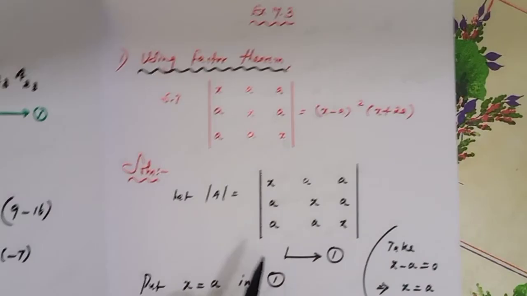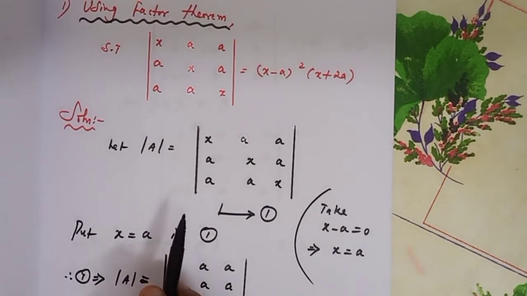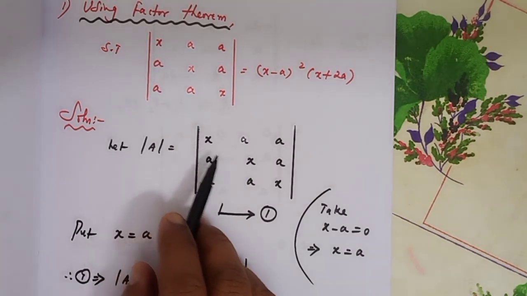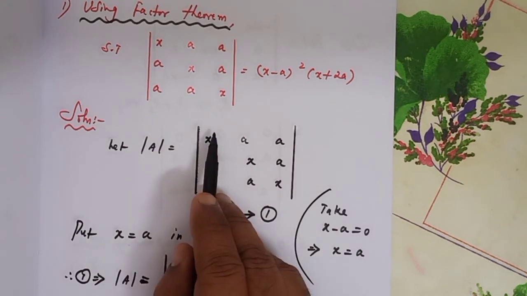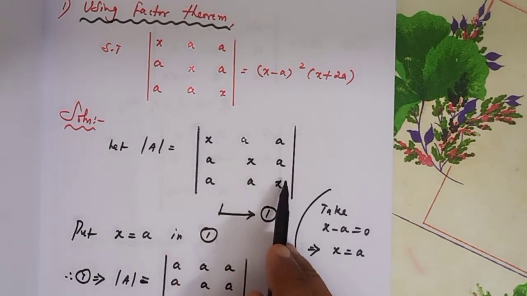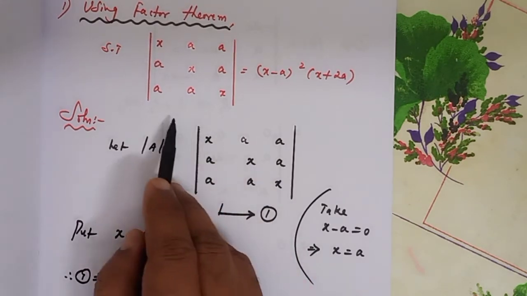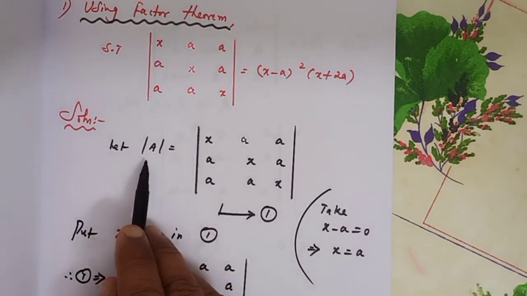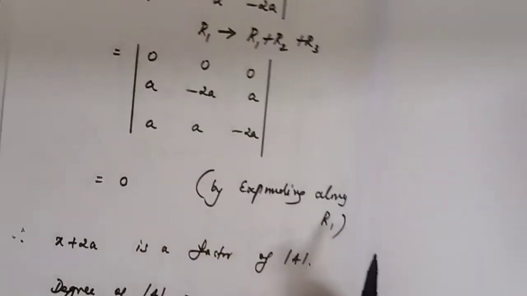In determinant of A, you just add the powers of the main diagonal elements. Here x power 1, x power 1, x power 1. What is in the power? 1, 1, 1. If you add the powers, that is the degree of determinant of A. So 1 plus 1 plus 1 is equal to 3.